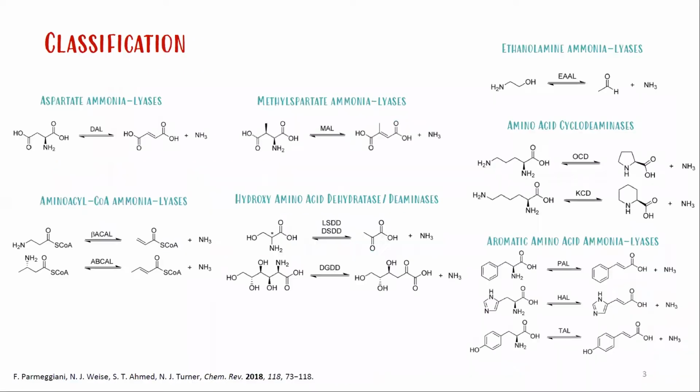If we take a look at this enzyme class as a whole, there are about 7 subclasses that they could be classified into. The interesting thing is, if we take the criterion that basically forms the definition of ammonia lyase, it puts together this very diverse set of mechanistically very different enzyme classes.